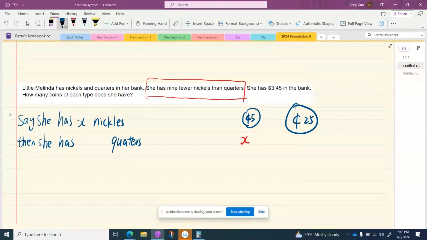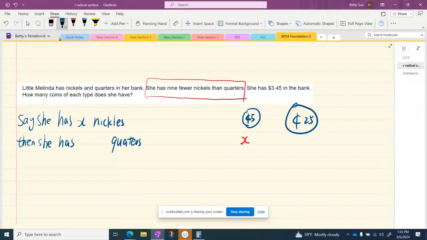Anybody can help me write the number of quarters in terms of x. This is a very essential step. If she has x nickels, how many quarters does she have in terms of x? I know you don't know exact numbers. That's what we try to figure out. I mean, write that quantity in terms of x. Use x to represent it.